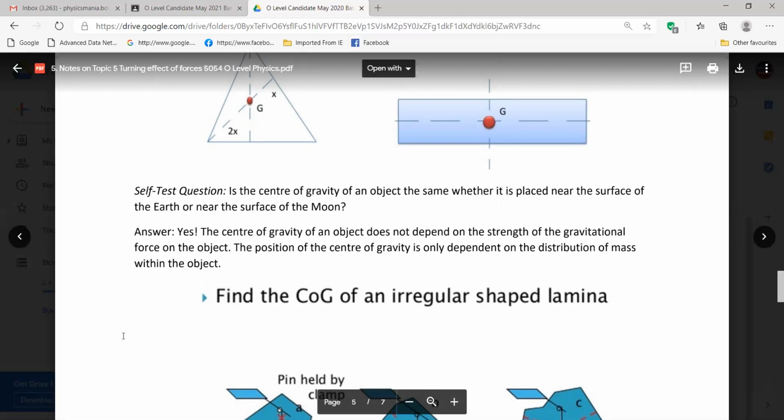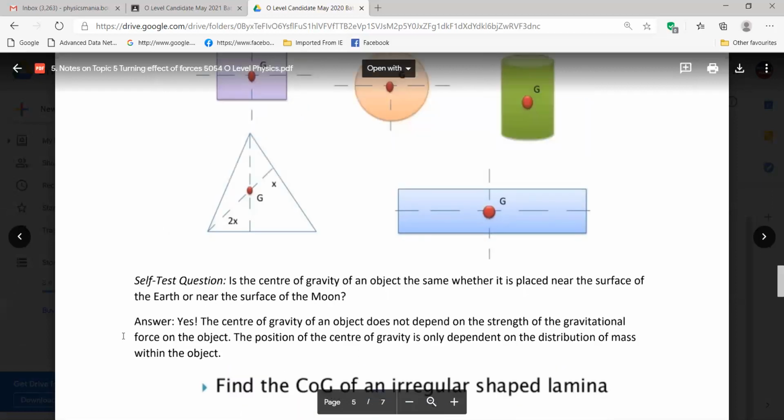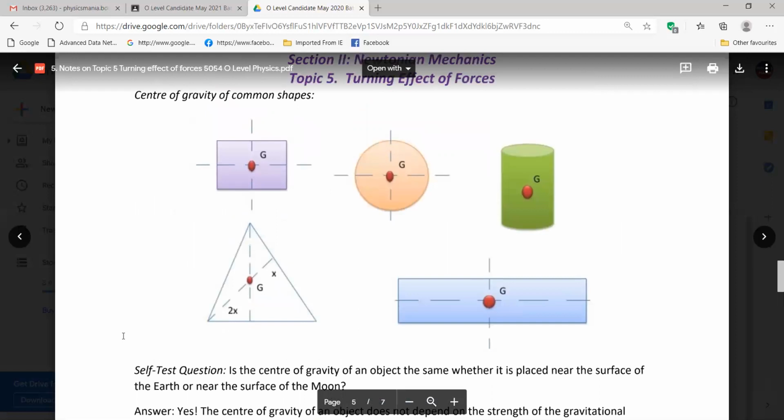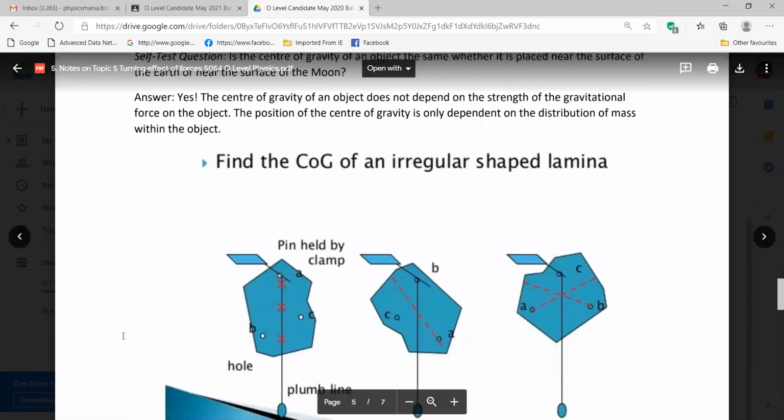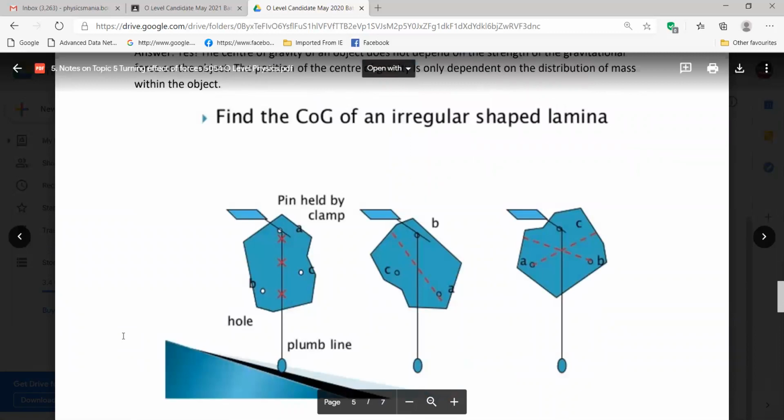Okay, then continue here. Still, we are not getting any irregular shaped object. That's why it's much easier to understand where the center of mass is. But if you have an irregular shaped object like this one, this is called a lamina. Then how to get the center of mass?